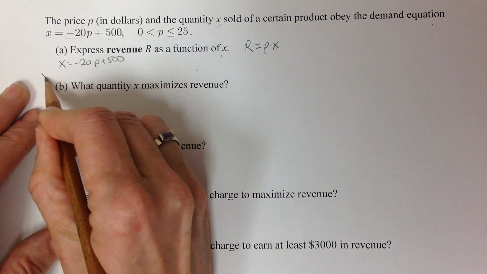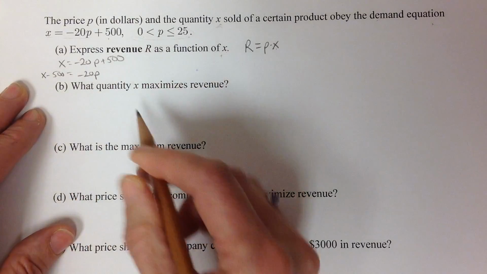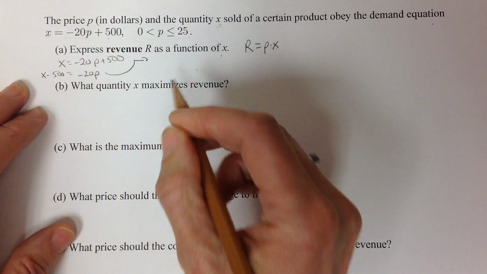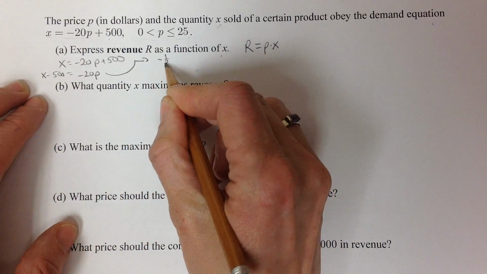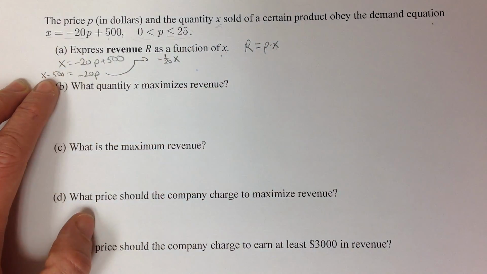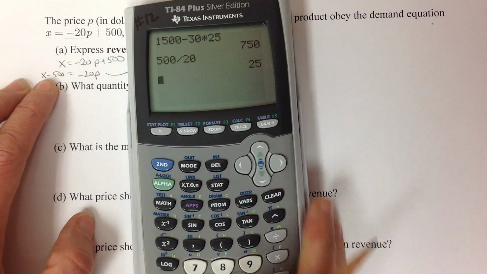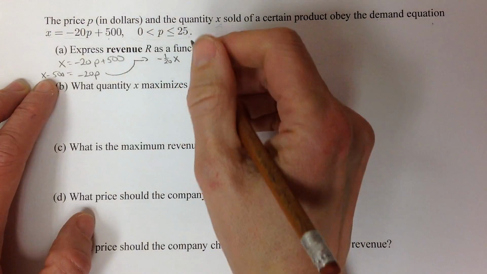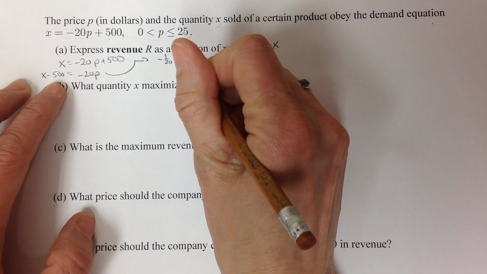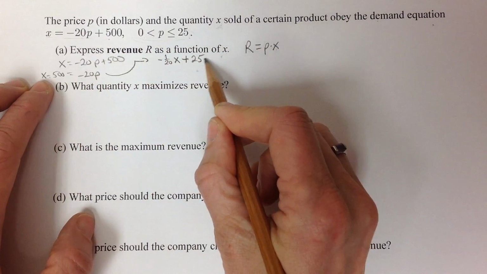Solving that for P, we'll subtract off the 500. And then dividing by a negative 20, we'll get negative 1/20 X. And 500 divided by 20 gives us 25. So this will be plus, since we'll have a subtraction divided by a negative.